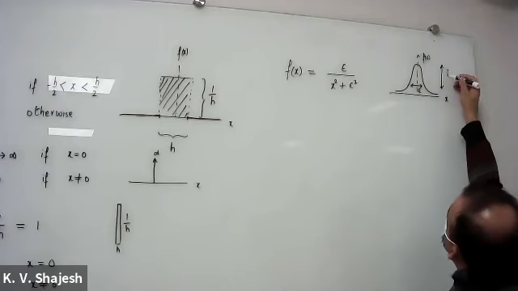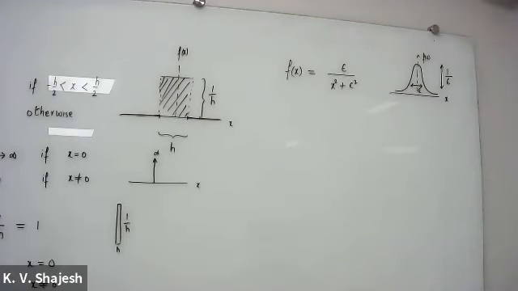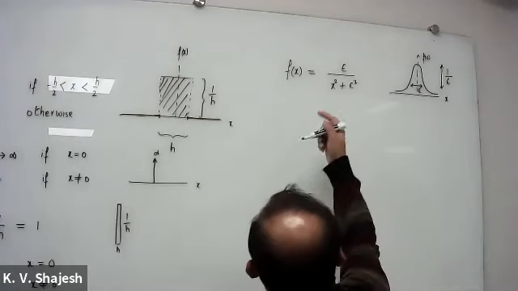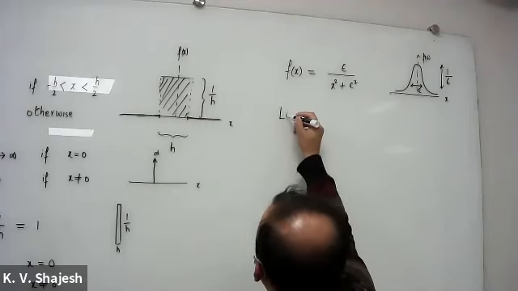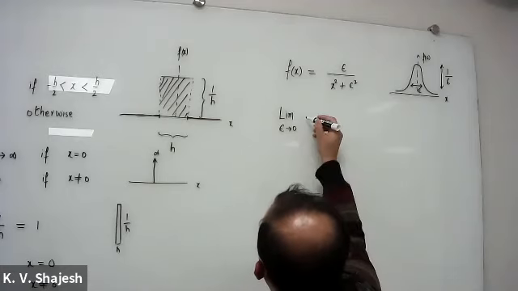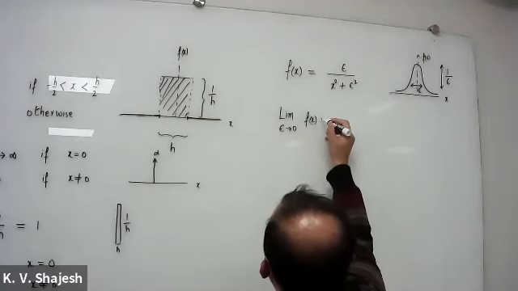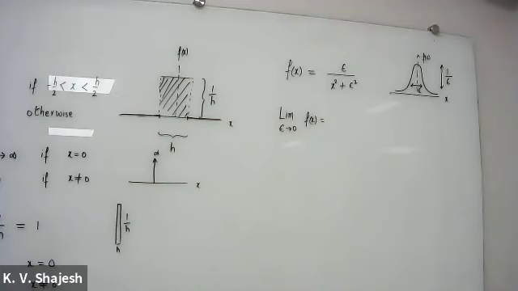It's not strictly like the earlier example, but as you take epsilon tends to 0, the height actually grows. How do you see that? Let's take a limit, the limit epsilon tends to 0 of f of x. Again, this example is pretty much exactly the same as the other one. It's just a more continuous version of that.